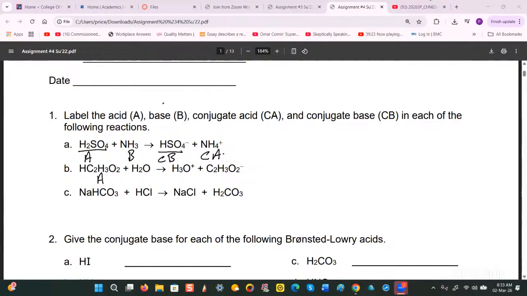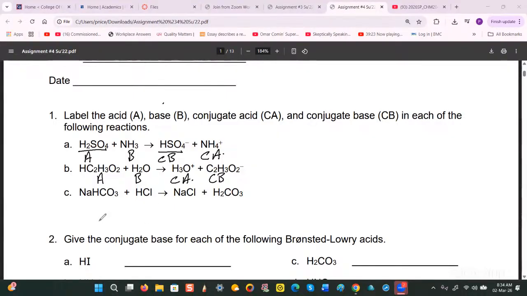Okay, yes, Mr. David is agreeing with us. All right. And what would be the base? Well, obviously the base would be the water, right? Okay, so what would be the conjugate base on the other side? The C2H3O2 minus. Exactly. So this would be the conjugate base, and this would be the conjugate acid.